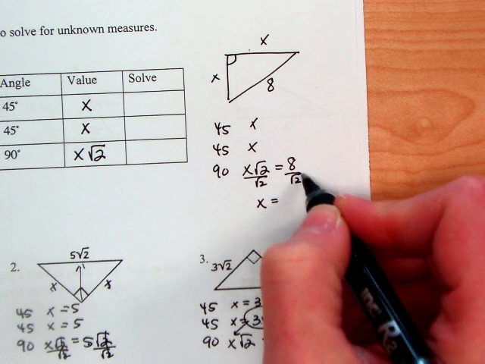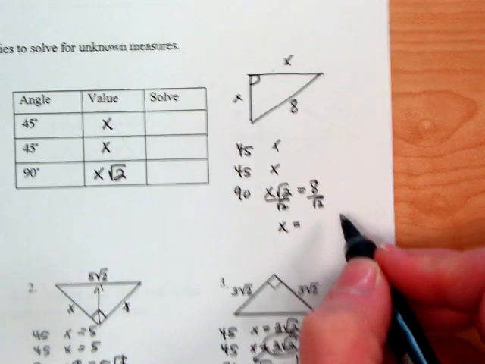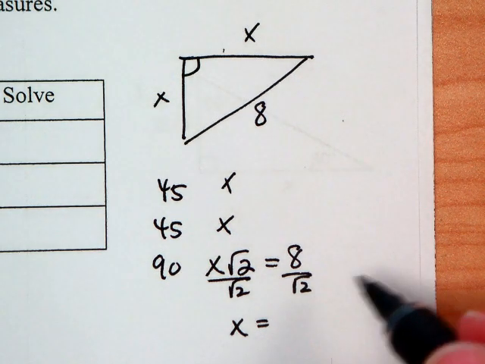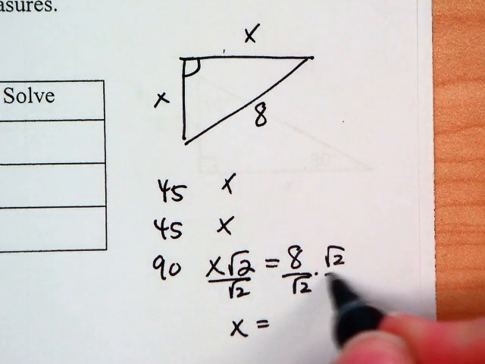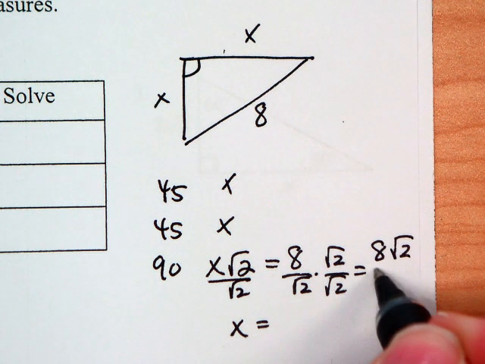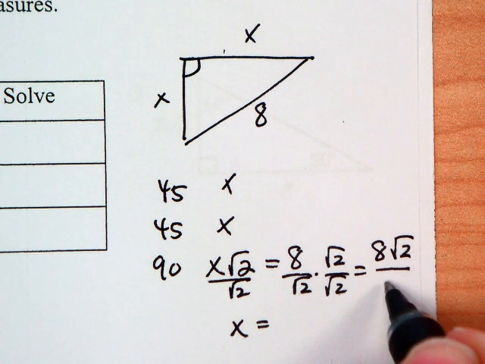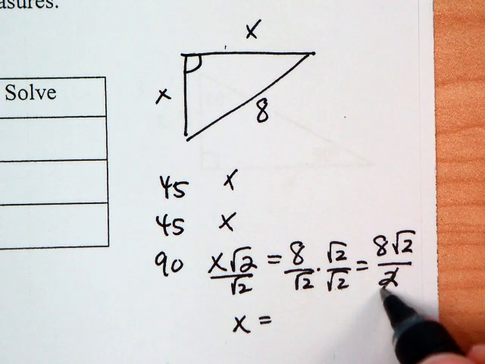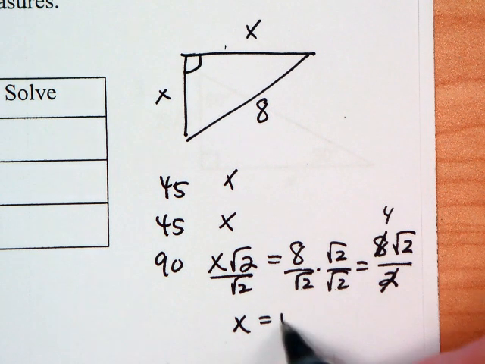We're not going to like that because there's a square root of 2 in the bottom. So I'm going to multiply by square root of 2 over square root of 2 in order to get rid of it. I end up with 8 square root of 2 over square root of 4, which is just 2. Then I can reduce this one time and make 4 square roots of 2.